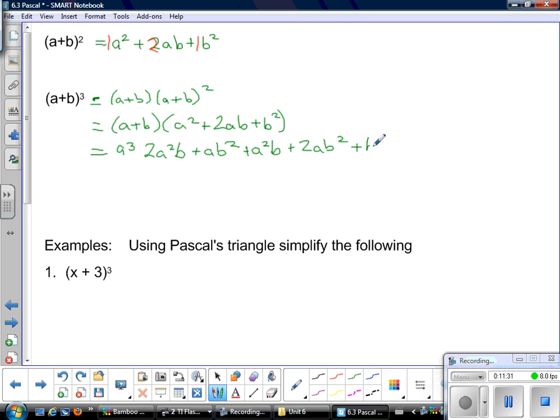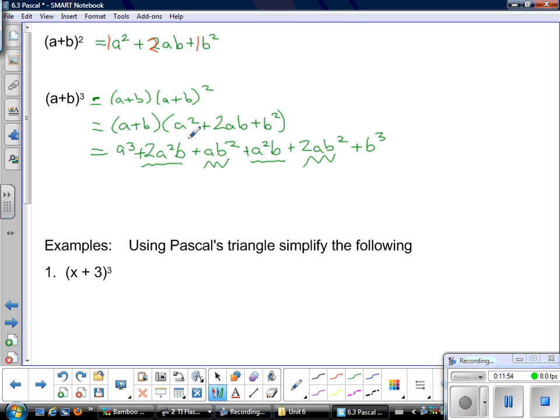Now we're going to look for common like terms. Do we have any? I must have missed the plus sign here. So an a squared b. We have an a squared b here and another a squared b here, and then this goes with this one.